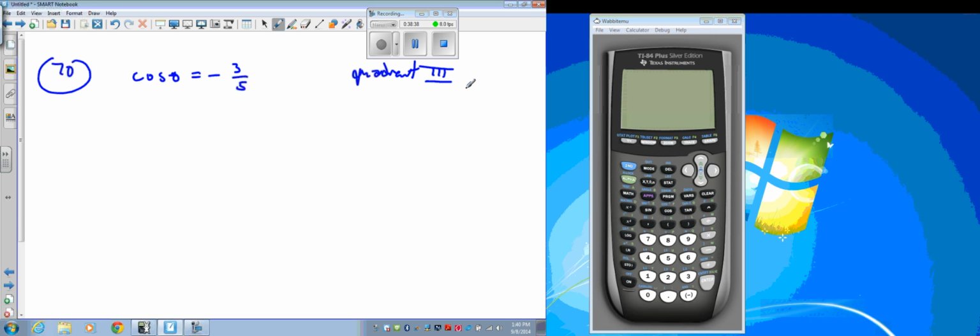The sine's negative, the cosine's negative, and the tangent is positive, right? Because of x and y. In quadrant 3, the x is negative, and it's related to which one, sine or cosine? Cosine. The y is negative, and it's related to sine, and then tangent is the ratio of y over x, so that makes it positive. Do you see what I'm doing?